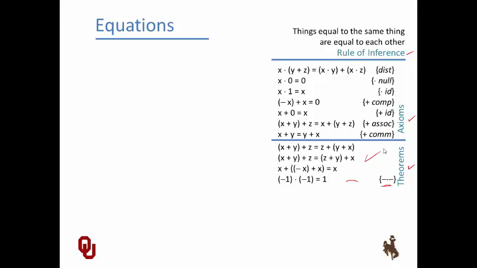For example, the x in a formula like x plus y equals y plus x could actually stand for another formula. Maybe it stands for w plus z. So if x stands for w plus z, we can rewrite this formula as w plus z plus y equals y plus w plus z.